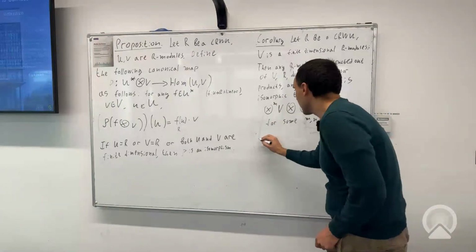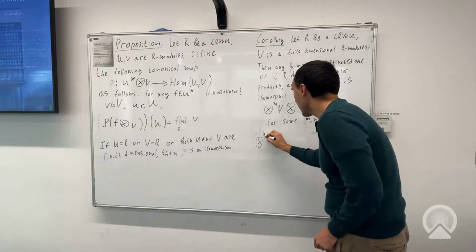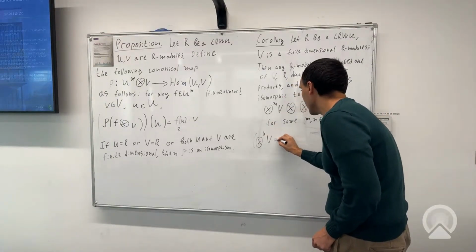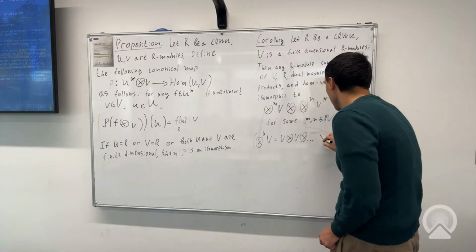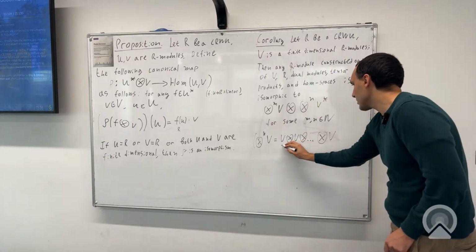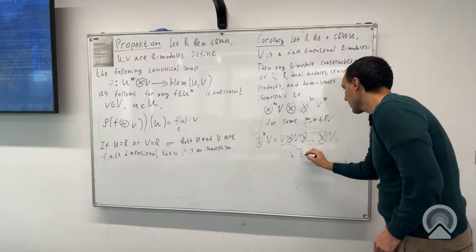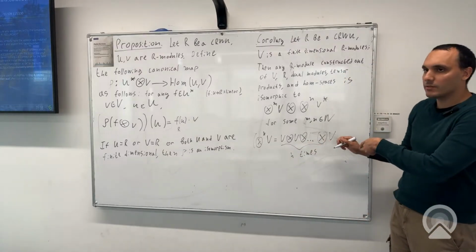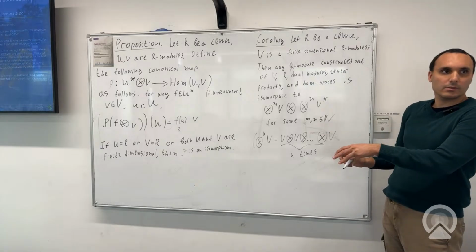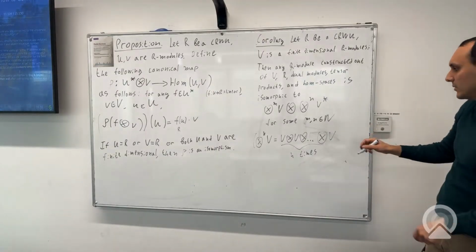Here, tensor power N of V is V times V times V, N times. I don't put brackets because from associativity, we can drop them.